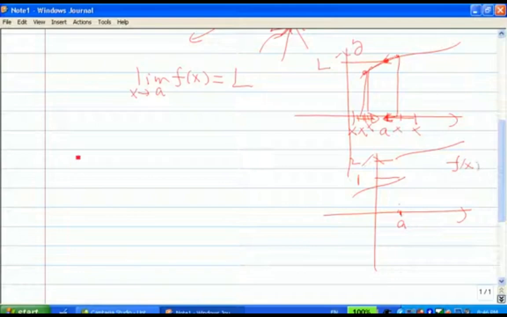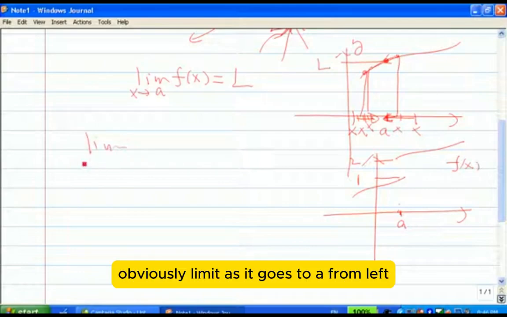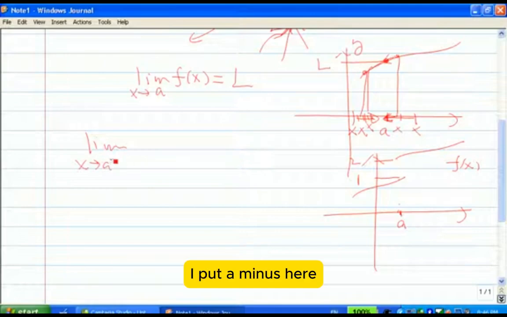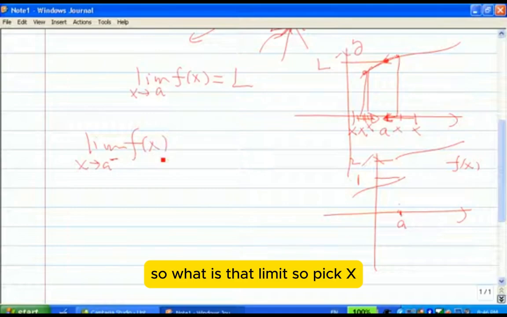Obviously, consider the limit as x goes to a from the left; I put a minus here. What is that limit?